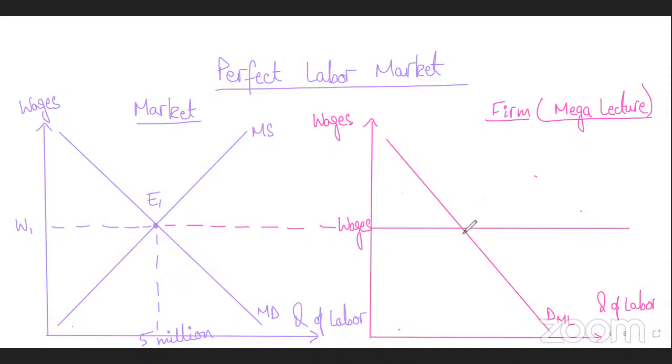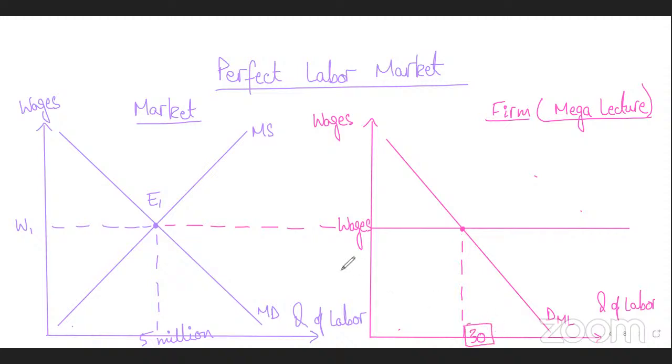Now, where this straight horizontal wage line intersects with the firm's demand for labor, that will show how many teachers this firm would want to hire. So this is cutting at this level, let's say.